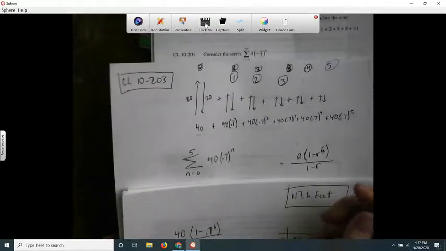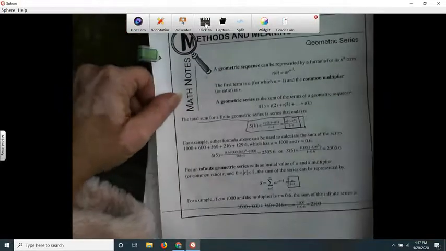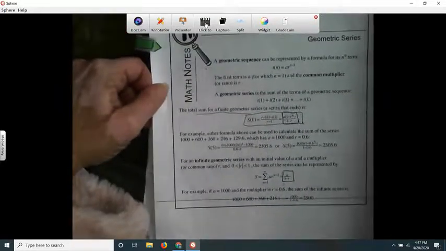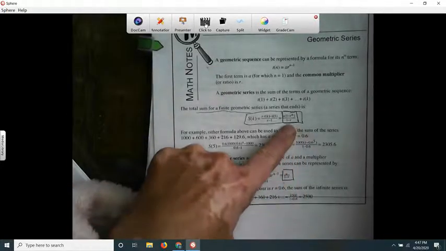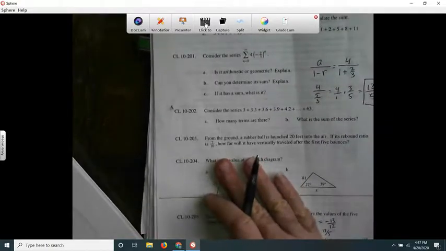And this formula, by the way, that's a little confusing, I guess, whenever it's a rebound problem. The formula just came from this math notes box on geometric series. I just used that one, the total sum for a finite geometric series. Okay, so that's where I got it. But then I had to use it correctly.